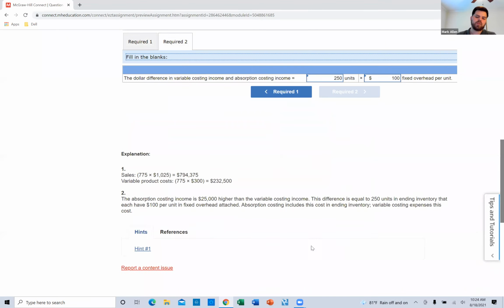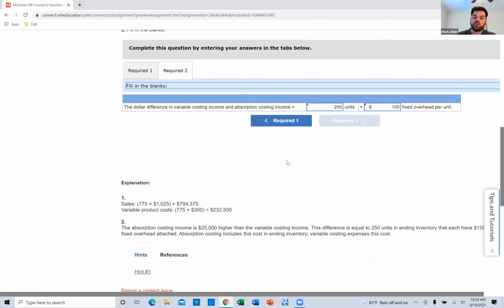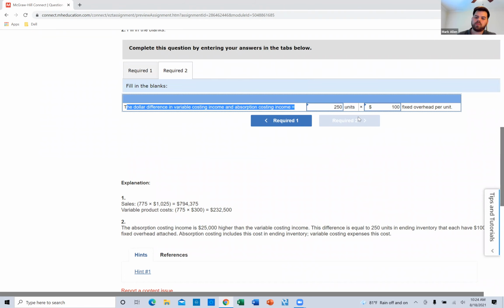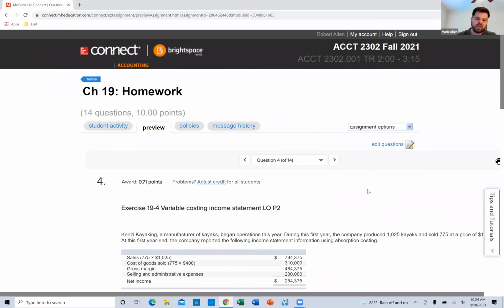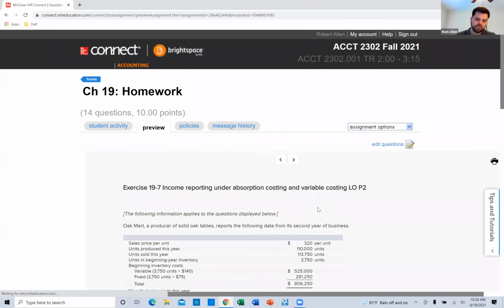And now this is just having you do that again, right? Just making sure that you understand what that's actually telling you. So the dollar difference in variable income and absorption income is explained by 250 units. That's the 1025 minus the 775 times the $100 in fixed overhead per unit. And so, of course, that explains the $25,000 difference.